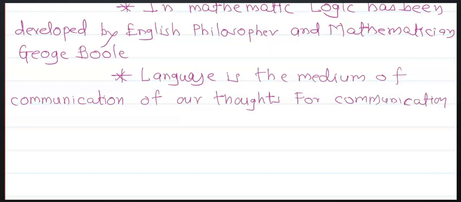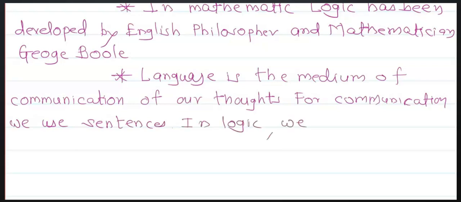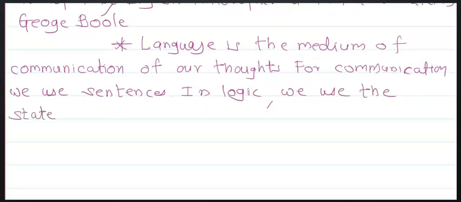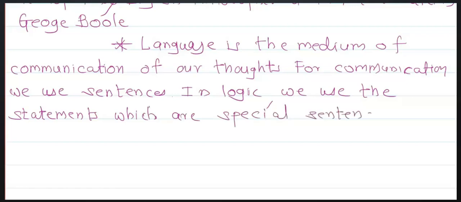In logic, we use statements, which are special sentences.